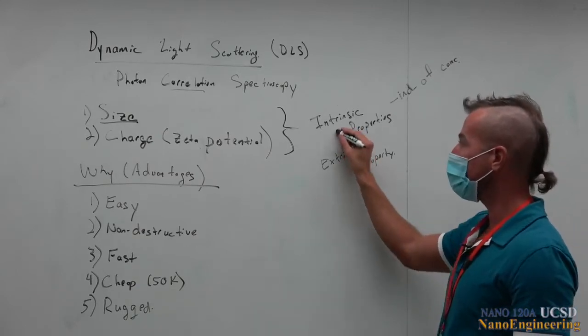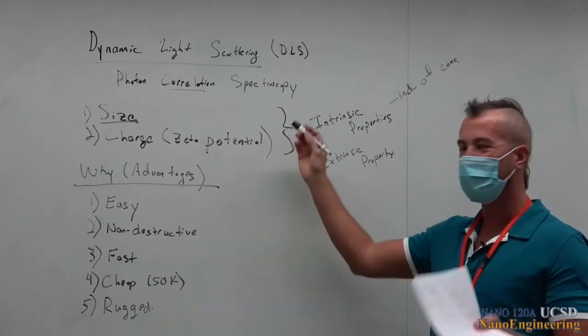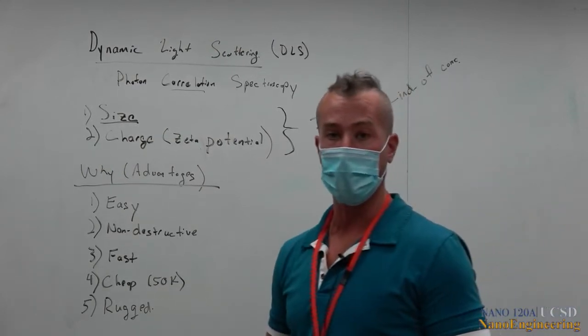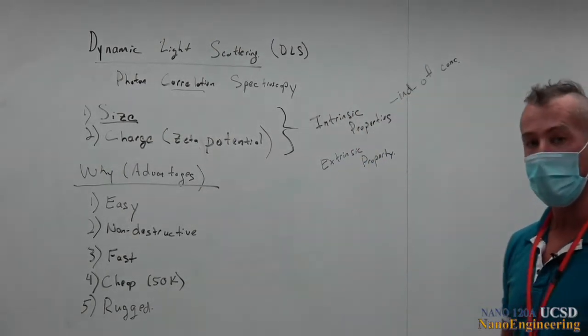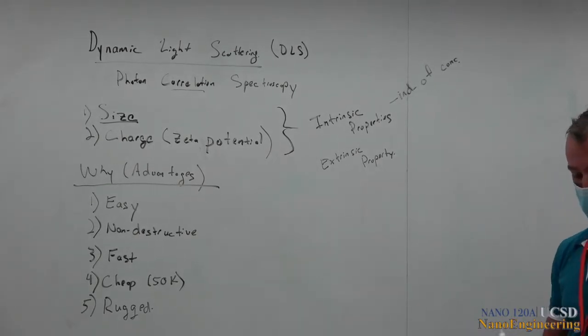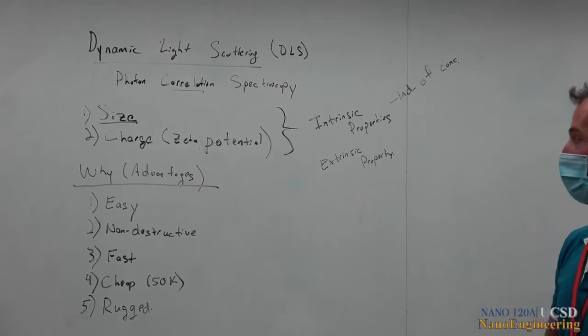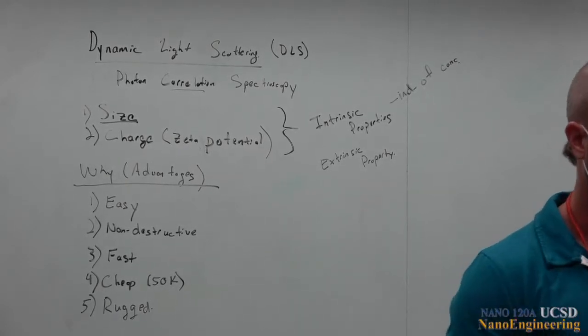So what makes this nice is that this technique is relatively insensitive to the concentration of your sample, which is nice when you have a low sample volume or a low sample concentration, okay?